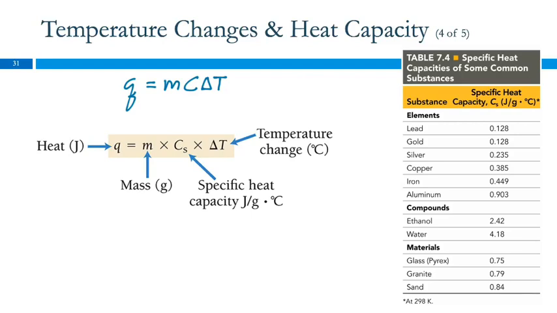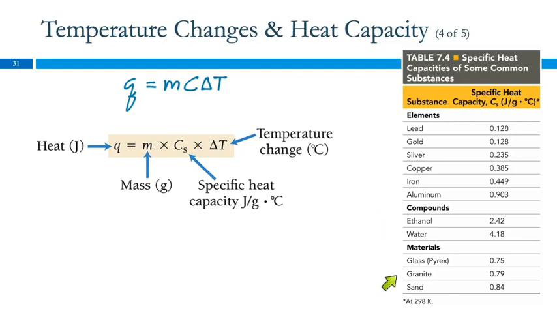So Q is the amount of heat, the energy, and that's measured in joules. The mass is measured in grams. Specific heat capacity has units of joules per gram degree Celsius, and the temperature change is measured in degrees Celsius. The specific heat capacity is not something that you need to memorize.